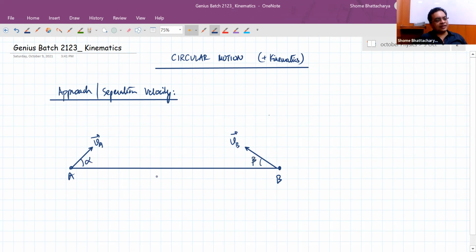In this diagram, if the distance between them is s, then minus ds by dt is what we call the instantaneous approach velocity.